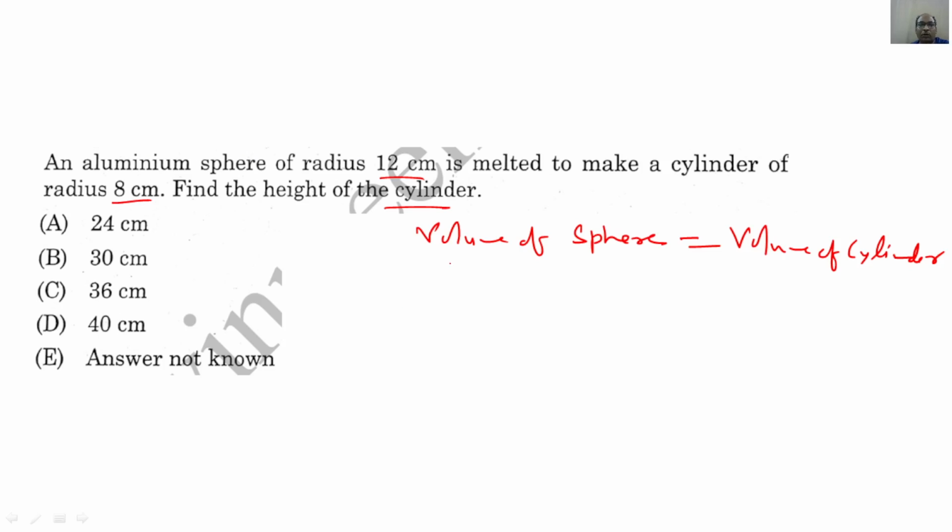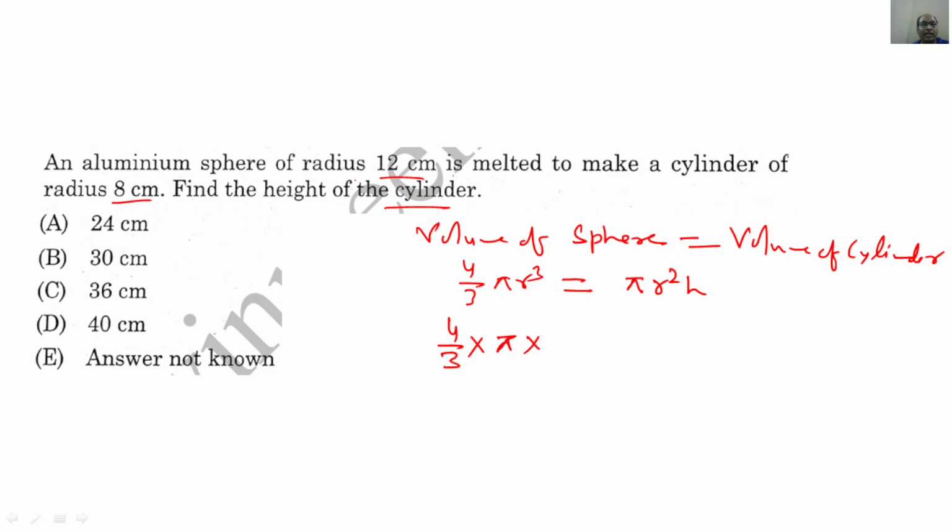Okay, so now the volume of sphere, that is 4 by 3 pi r cube, is equal to the volume of cylinder. So what is the volume of cylinder? Pi r square h. We need to find the height of the cylinder. So 4 by 3 into pi, let it be pi as it is, both sides it will get cancelled, so no need to worry, into r cube.